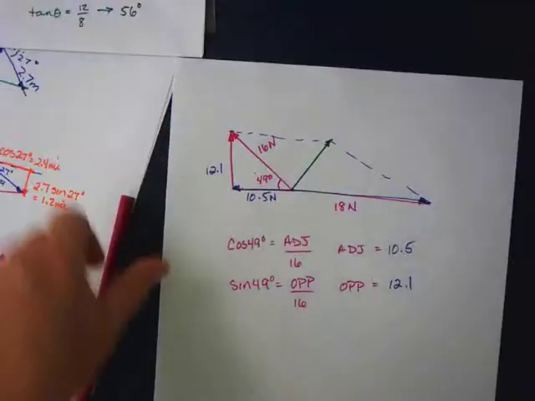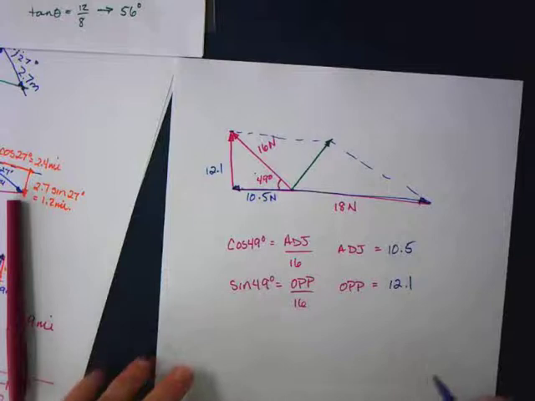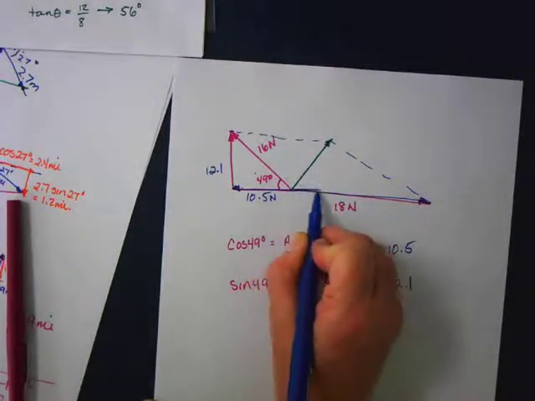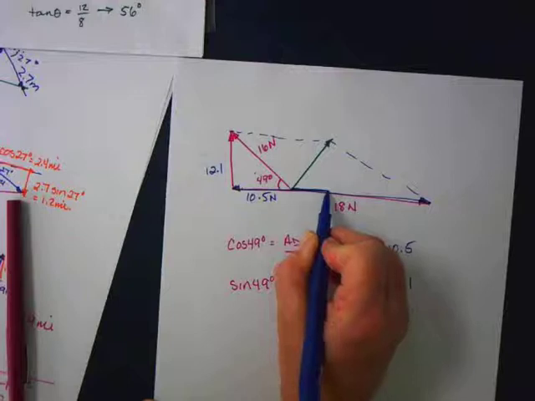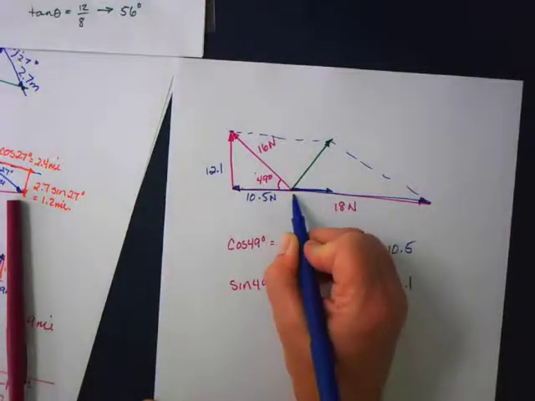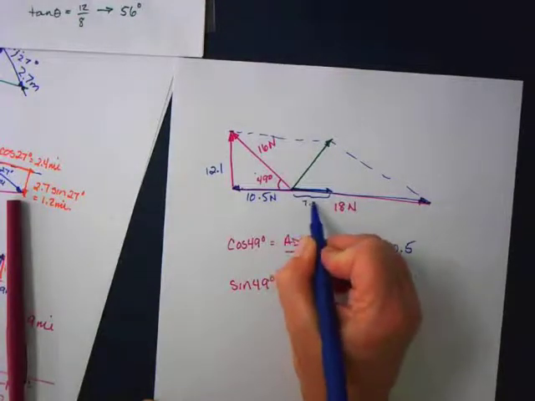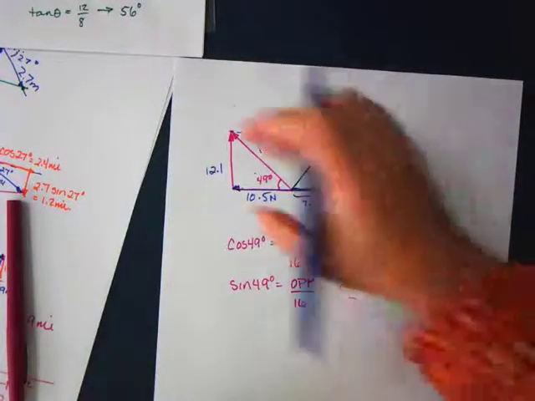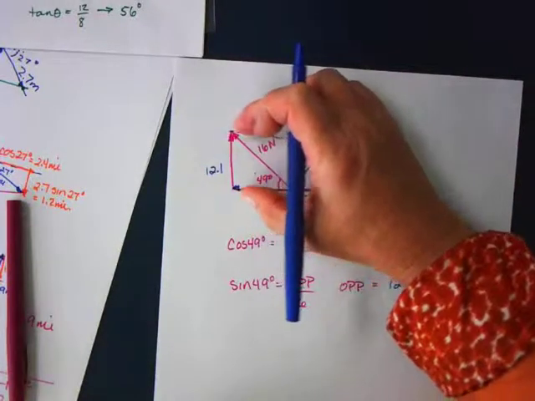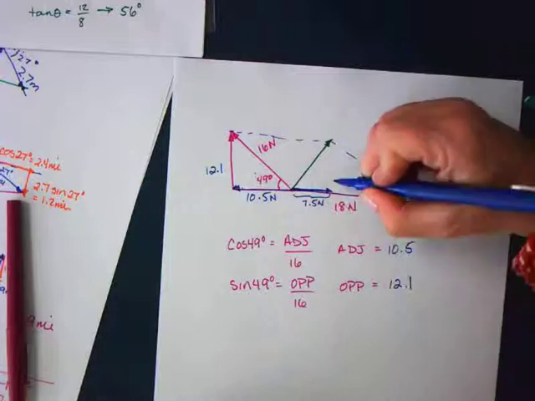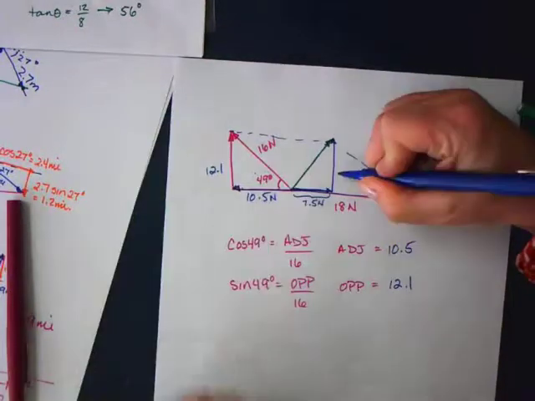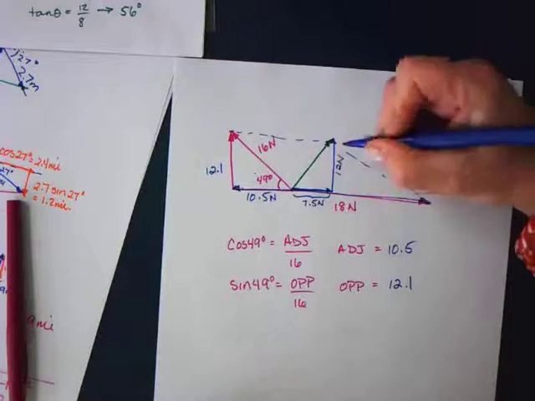Subtract. So what do you get when you do 18 minus 10.5? 7.5, right? So that's what's left over horizontally, about 7.5 newtons horizontally. And the 12.1, we're just going to slide that over right here.